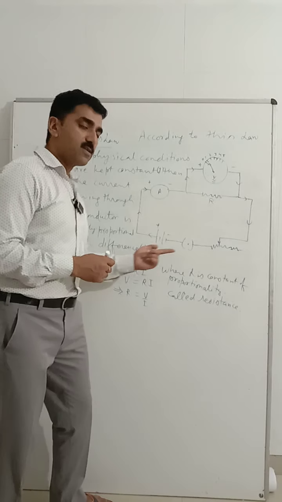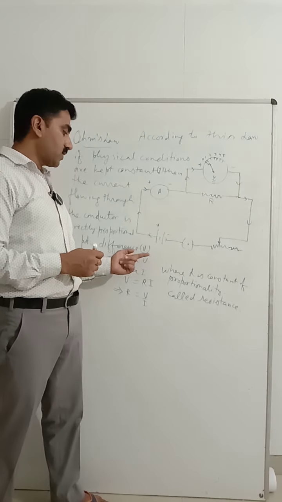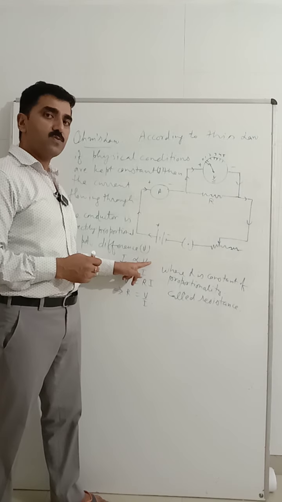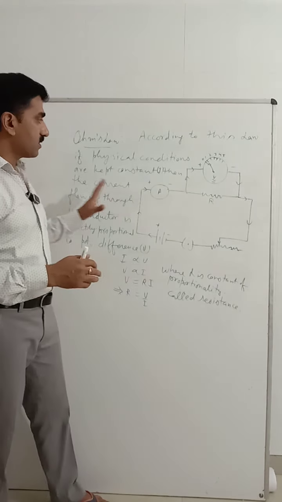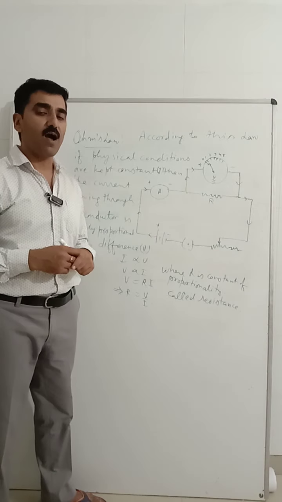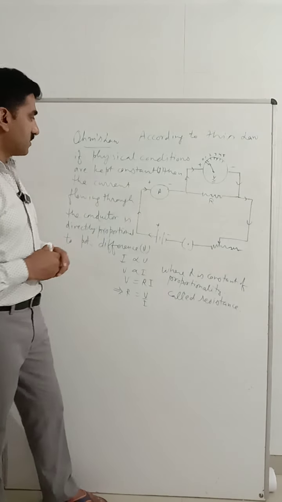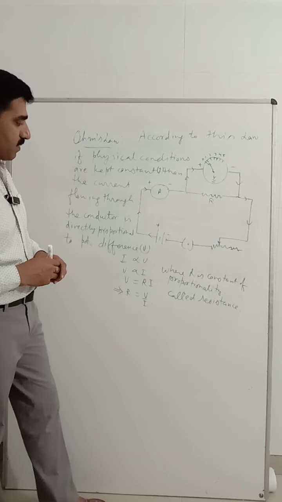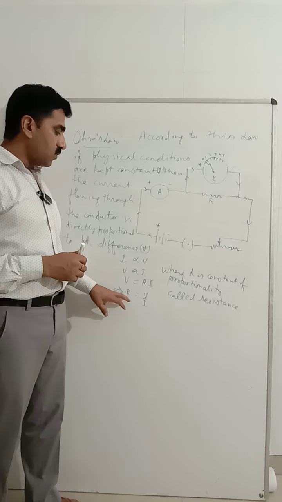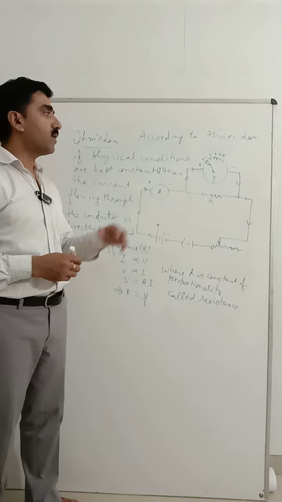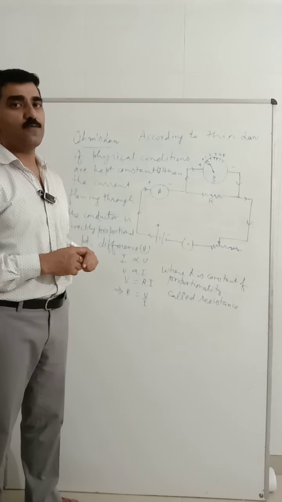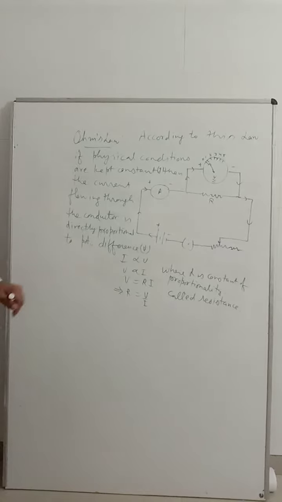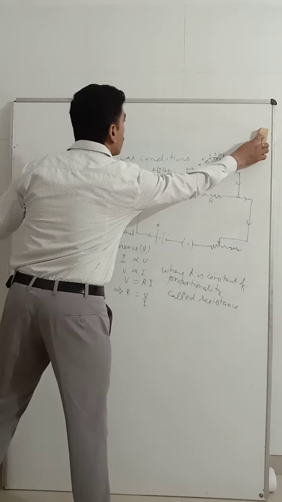There is a direct relationship between current and voltage, so if V changes, then I will change, provided things like temperature are kept constant. This is one of the conditions we have to remember. This is Ohm's law. The SI unit of resistance is also ohm, after George Simon Ohm, a German physicist.